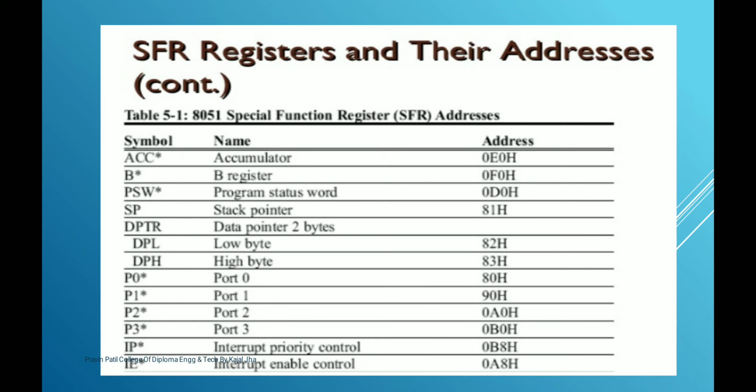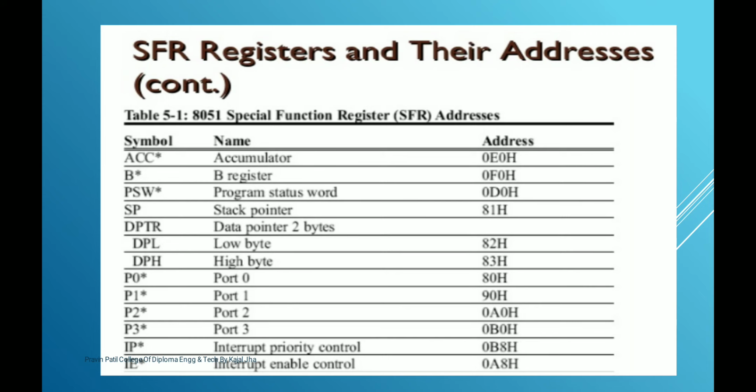Then DPTR, the data pointer, is 2 bytes, DPL and DPH. DPTR is a 16-bit register, so we can use it as DPL and DPH. DPL is the data pointer low byte, and its address is 82H. Then DPH, the high byte, has address 83H. After that, the ports: port 0, P0, has address 80H.